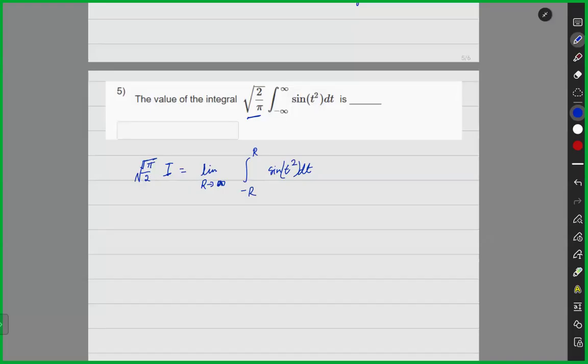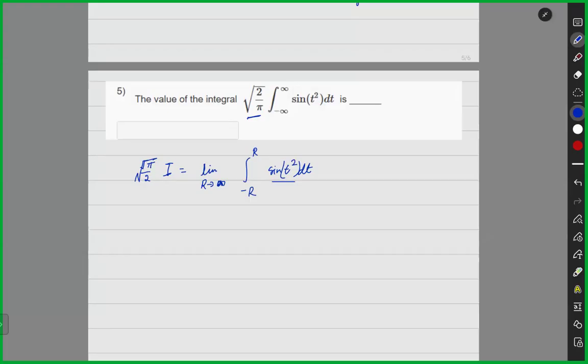But if you see what this function is, is this an even function? If you put the value t as plus or minus, they're symmetric. When you put plus 5 or minus 5, you get the same value. So this function is even.